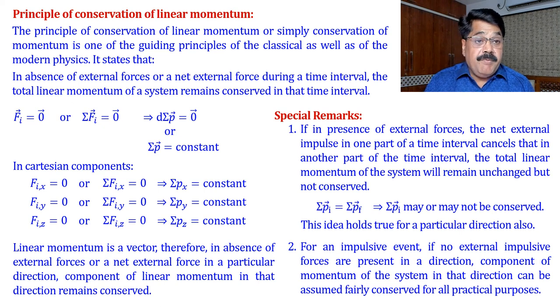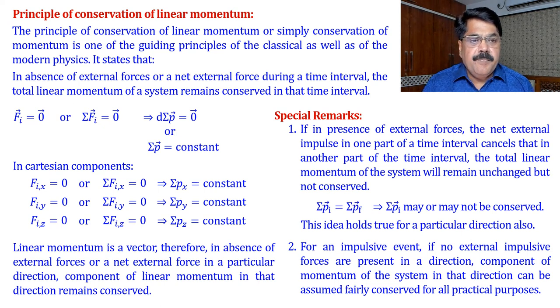Say, for example, we can consider an explosion of a shell in air. The explosion process is of very small duration, but for that duration gravity was acting on the shell. But gravity is a finite force, so it is not an impulsive force. So because of gravity, the total momentum of the shell during the explosion has changed by such a negligible amount that we can neglect that change.